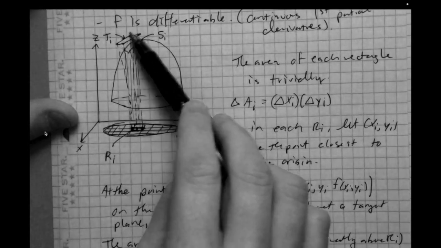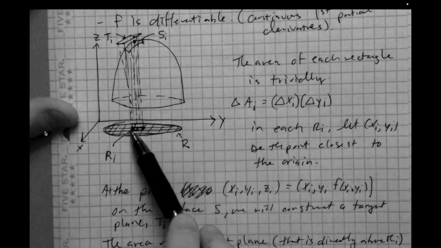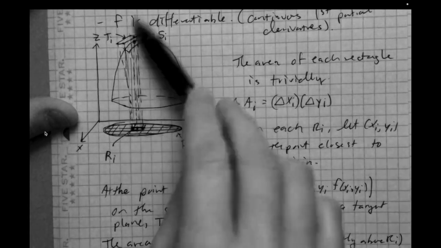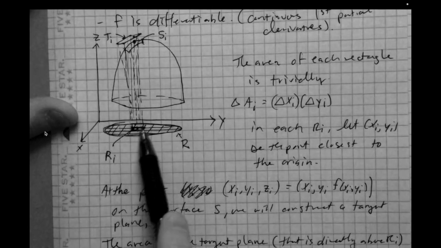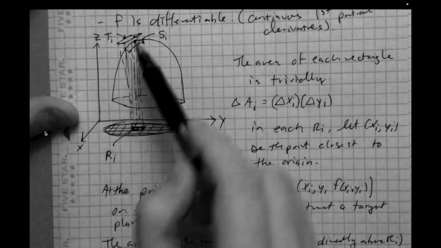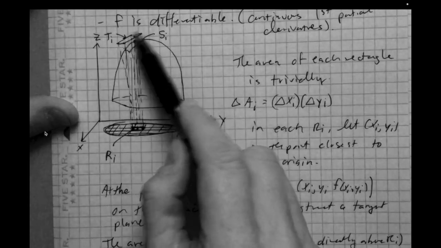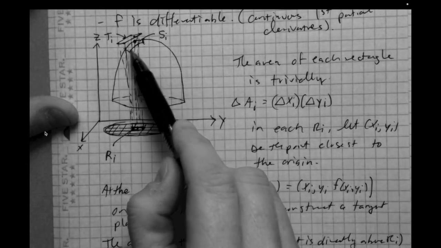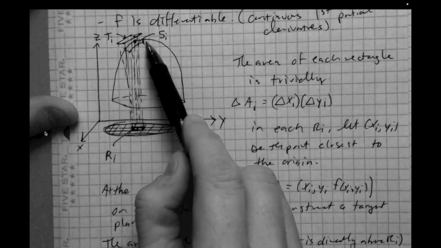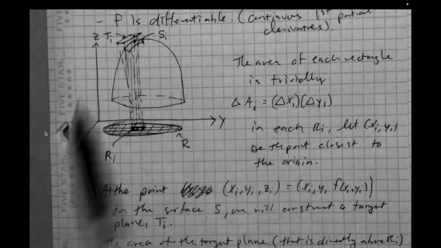We restrict the size of the plane so that it's just directly above the subregion Ri. If we do that, then the area of this regular old flat plane will be approximately equal to the area of the subregion Si on the surface.